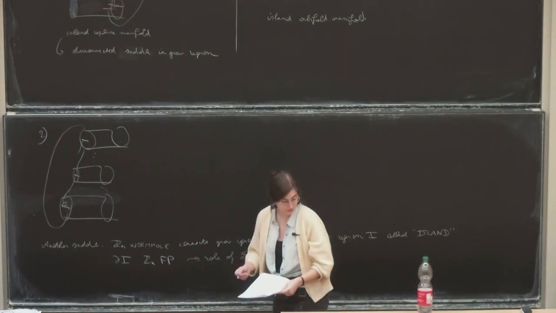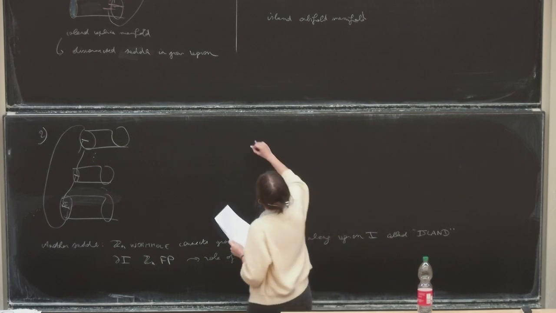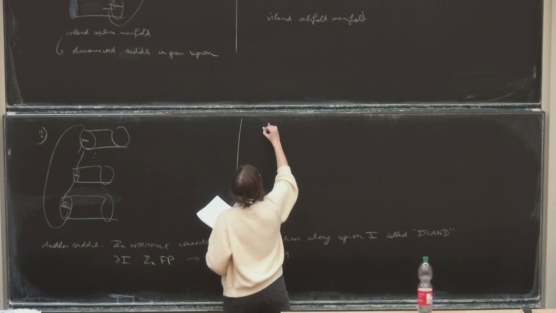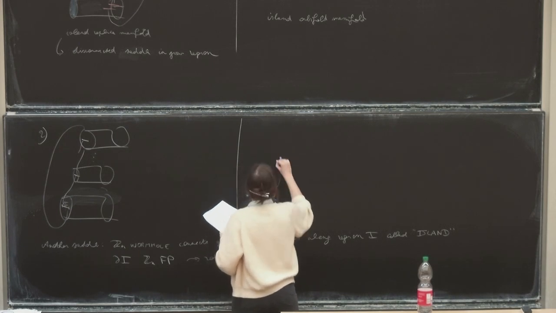Now for saddle number 2, what is our orbifold, our island orbifold manifold? So again, it's one copy.